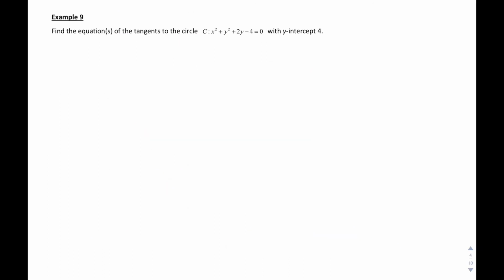Let's study one more example. Here, you are asked to find the equations of tangents to the circle again. This time, it is the circle C with the equation in general form. But here, you are given different information about the tangent. For this tangent, the y-intercept equals 4.